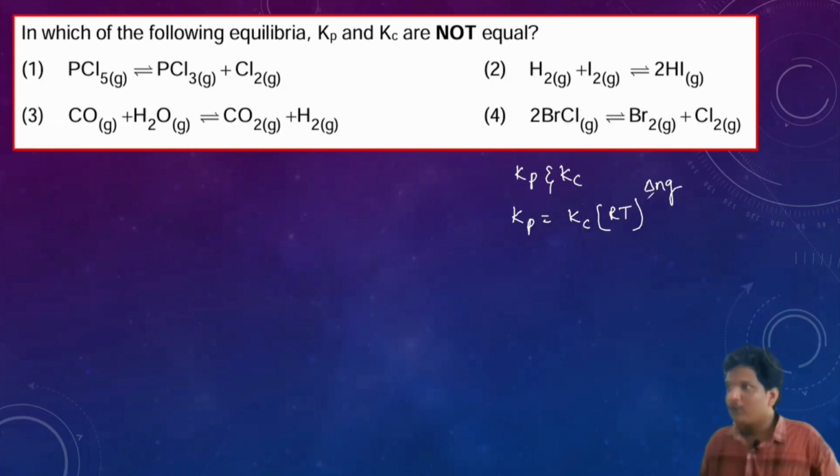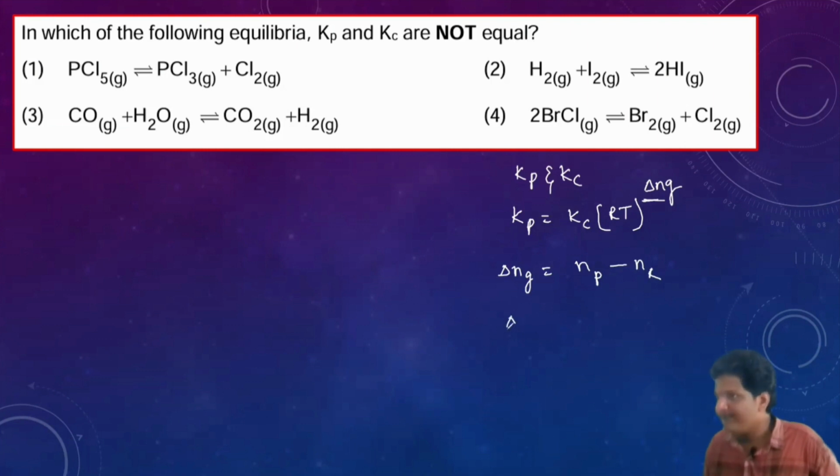Okay. So delta Ng is nothing but the change in number of moles from reactants to products. So delta Ng can be written as number of moles of products minus number of moles of reactants.